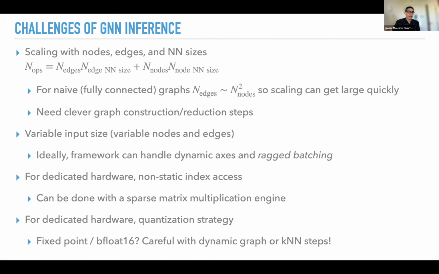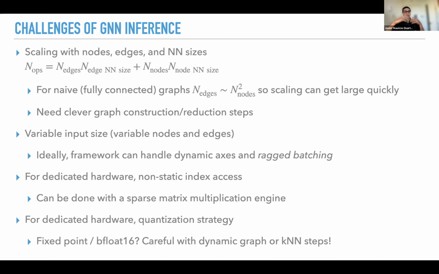For dedicated hardware, like FPGAs, one issue is this kind of non-static index access. If the graph connectivity is not known beforehand, if it's a dynamic part of the input, it means that you need to be able to route any two nodes to be multiplied together, or run inference on any pair of nodes.